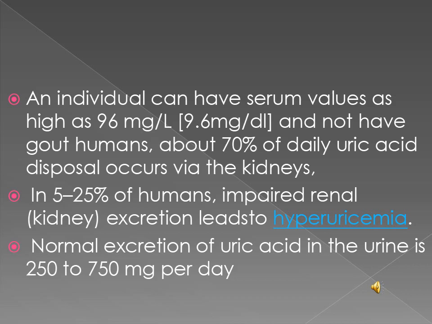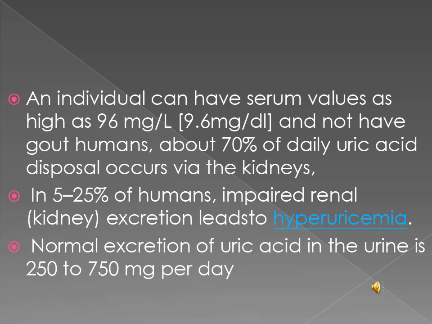About 70% of daily uric acid disposal occurs via the kidney. In 5 to 25% of humans, impaired renal excretion leads to hyperuricemia.